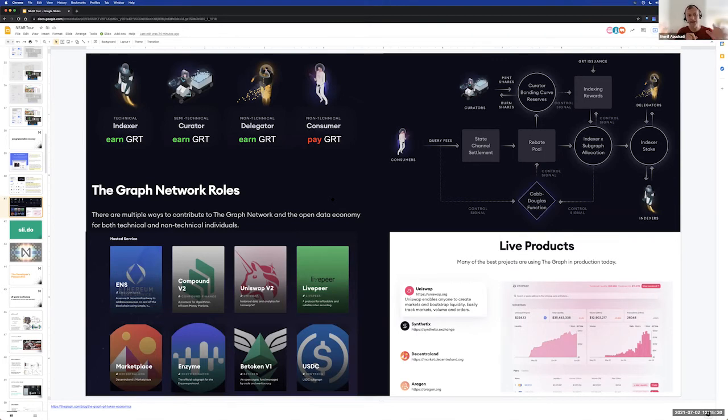And to get people to behave well in this system, they have this GRT, this Graph token, that you get rewarded with for behaving correctly, basically, for indexing the right kind of data, curating the right kind of data. You can even delegate to support people, to say, this person knows what they're doing, and I support their work, or this data source is a good one, I support what they're doing. So lots of interesting things there in terms of the economics and the structure of how this all works.